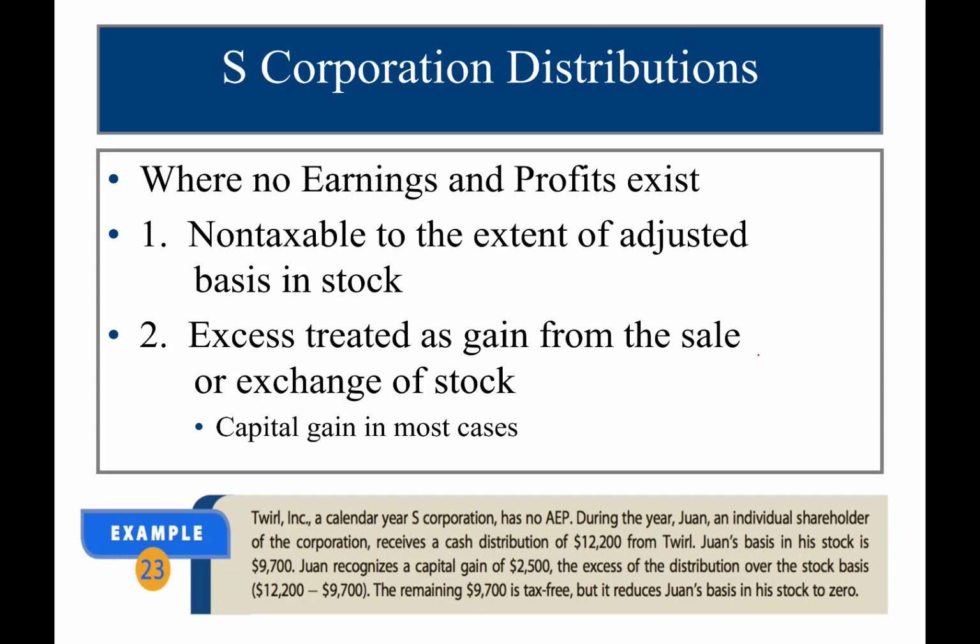A capital gain tax of $2,500, because he received a distribution in excess of the basis in the stock that he had in the S Corp. Okay. Now the remaining $9,700 is tax-free, and now the basis of the stock is down to 0, right?